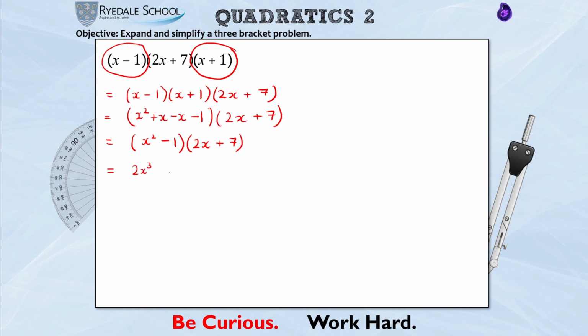Doing my outers, I get plus 7x squareds. Doing my inners, I get minus 2x. And doing my lasts, I get minus 7. Which should be the same answer as what we got doing it the other way. So just a little bit quicker, but it's something with experience that you'd be able to spot.